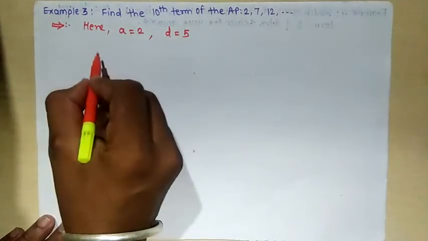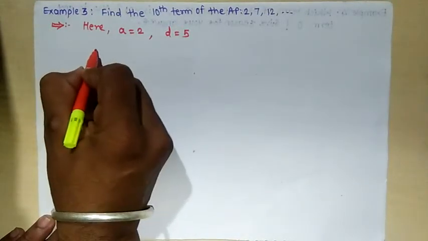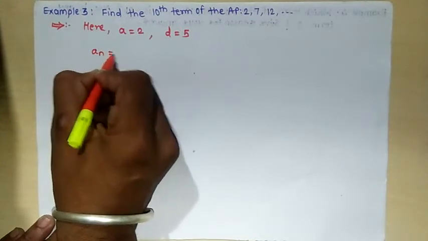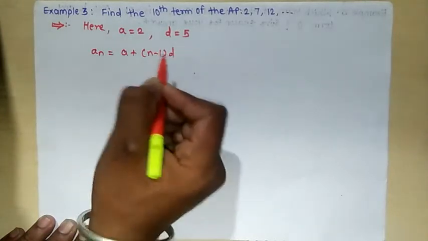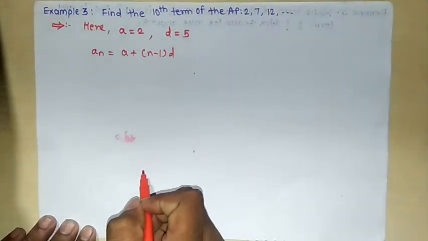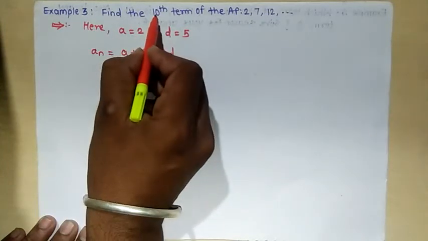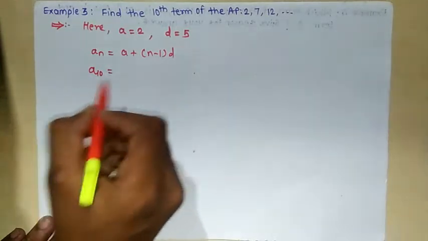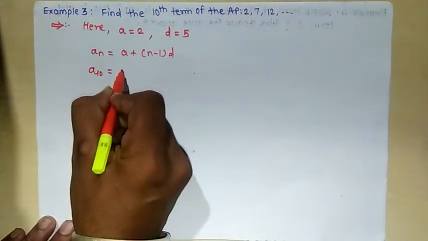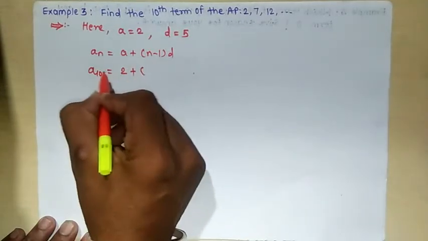We know that in general an is equal to A plus n minus 1 into D. This is the general formula for arithmetic progression. An is the nth term, but we have to find the 10th term. Therefore, A10 we have to find.